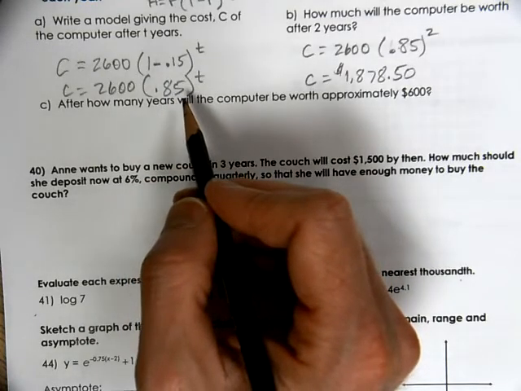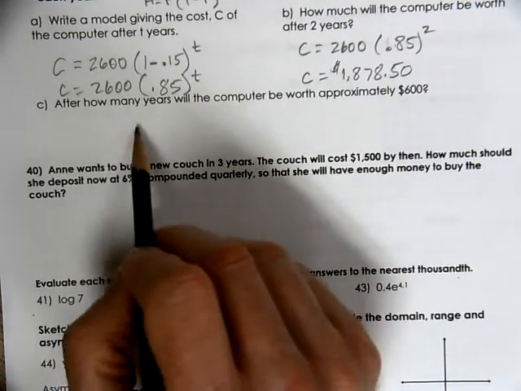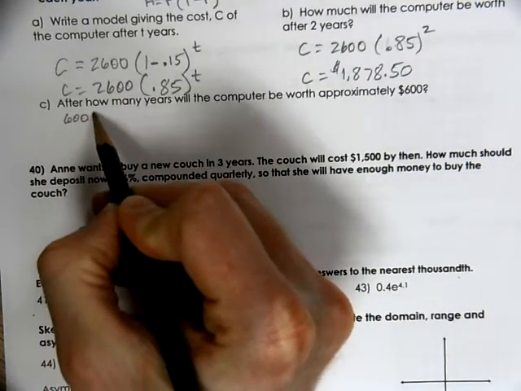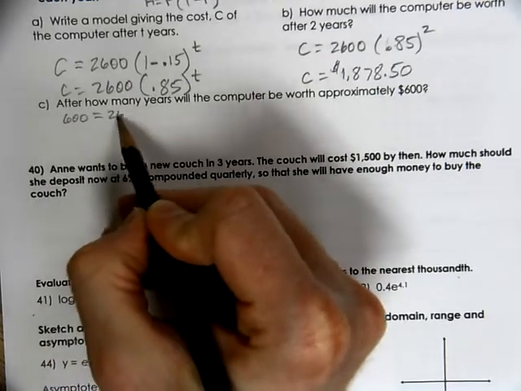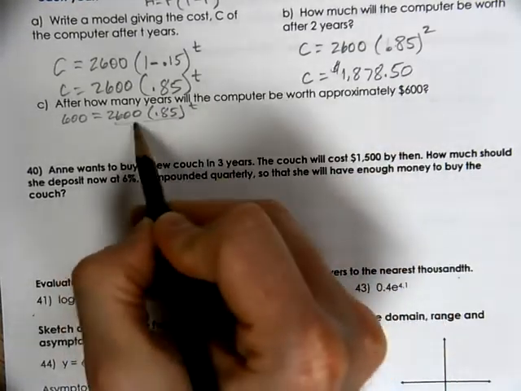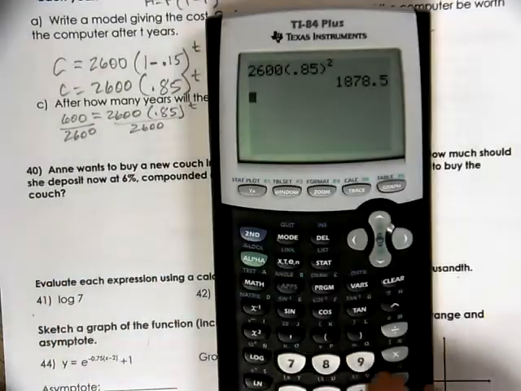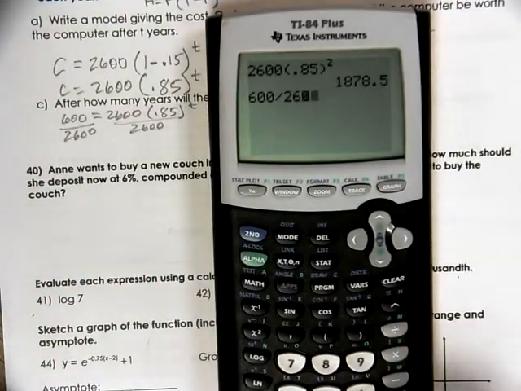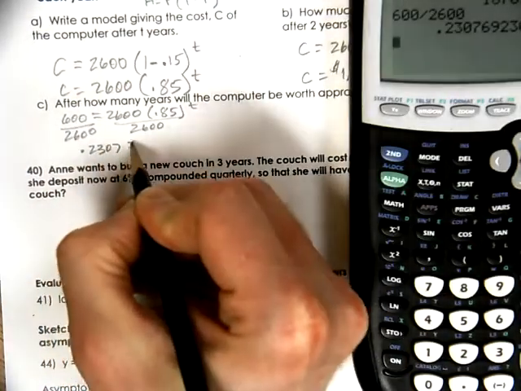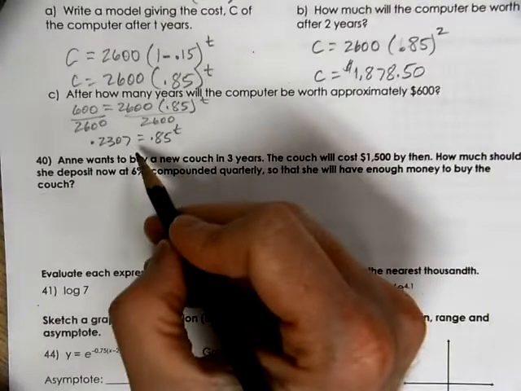So we have a couple different ways we could do this. If we can use our calculator, we don't have to solve for the exponent, but we have the skills to actually solve for the exponent. If we wanted this to be 600, and we're starting out with 2,600, we could divide by 2,600. And that gives us 0.2307 equals 0.85 to the t.